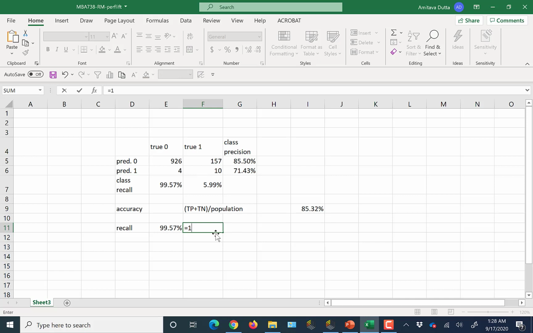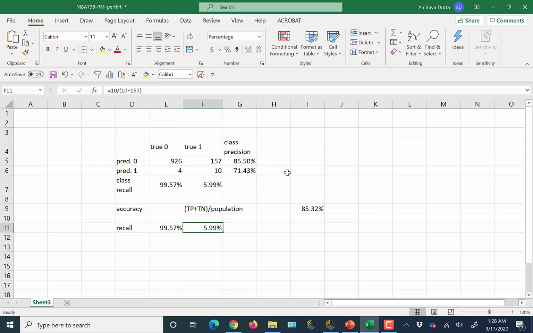So the numerator is 10 and the denominator is 10 plus 157. There you have your 5.9%. Let's convert this to a percentage, and there you have your 5.99%. So those are the sensitivity or recall calculations.